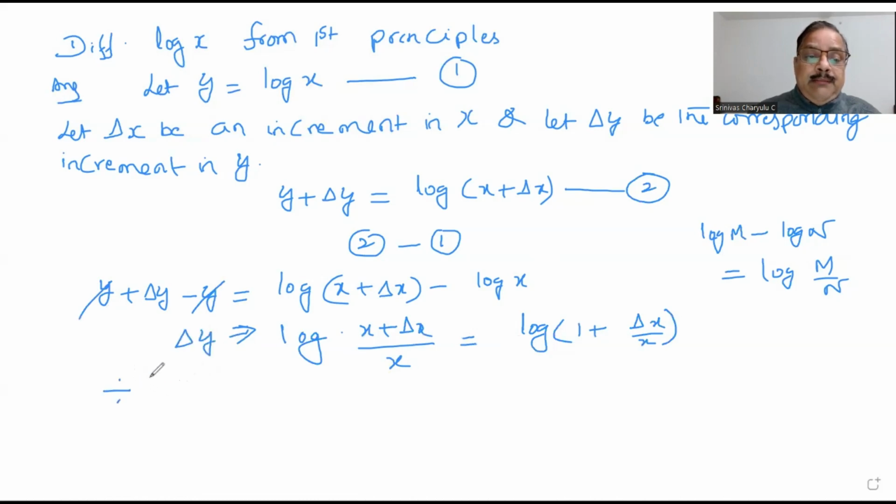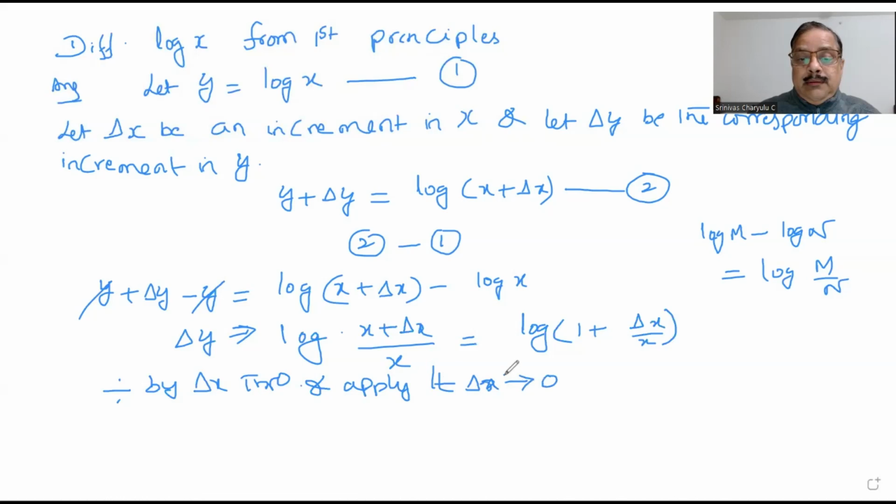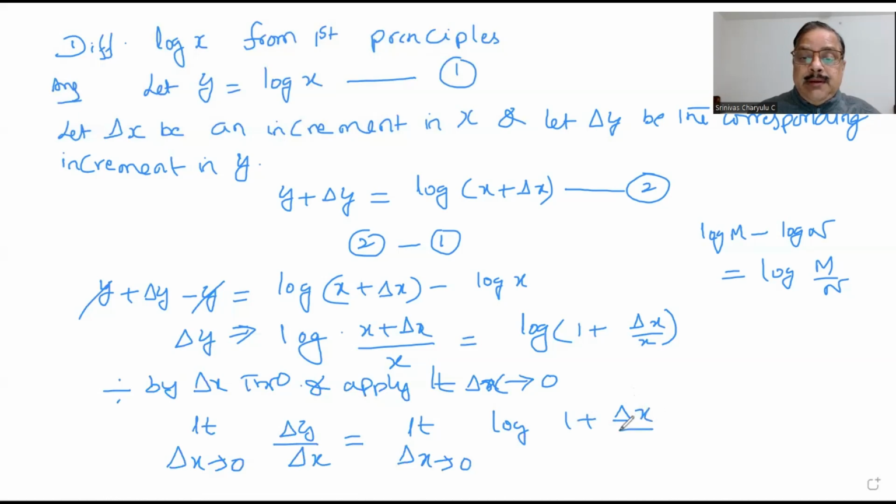Now, divide by delta x throughout and apply limit. Okay, then what you will get? Limit delta x tends to 0, delta y by delta x is equal to limit delta x tends to 0, log of 1 plus delta x by x, whole thing divided by delta x.